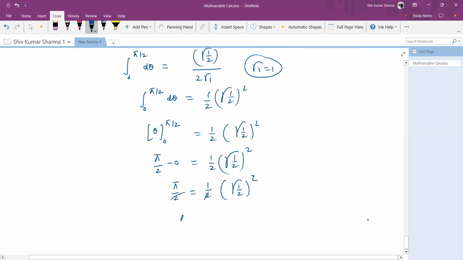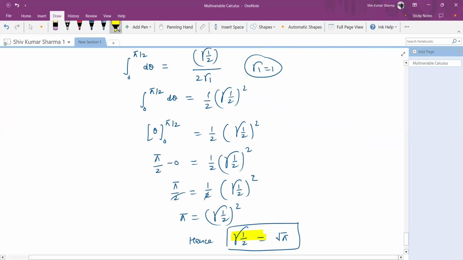So this is pi equal to gamma 1 by 2 to the whole square. Hence we can calculate the value of gamma 1 by 2. This gives us root pi. Okay, so we can prove gamma 1 by 2 equal to root pi by using this also.